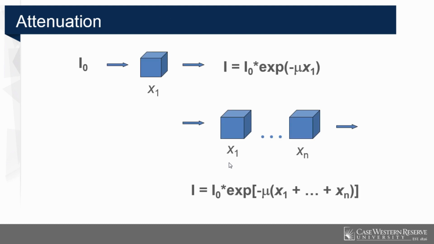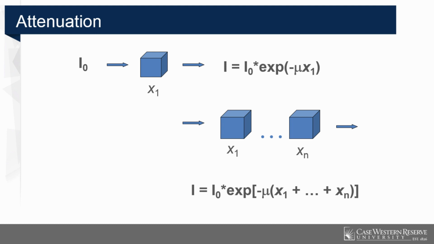Now, we talk about the other corrections we need to make. As I said, due to the photoelectric effect, the incoming image intensity going through a piece of body, a tissue shown here as a cube, will be attenuated. And this mu is the linear attenuation coefficient, very much like the mu in CT.